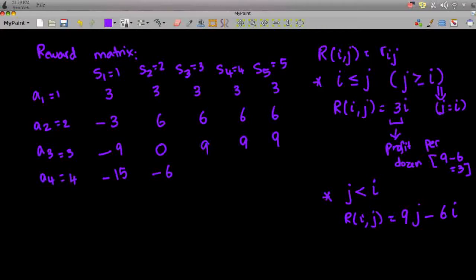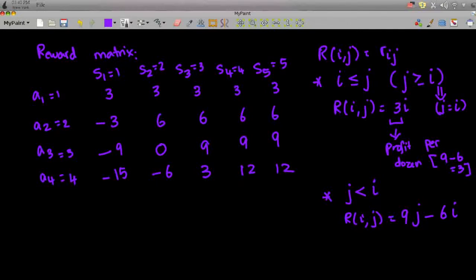And as I proceed further, i would be 4 and j would be 3, so 27 minus 24, you would actually get 3. In the next cell, i and j are one and the same, so we make use of the top equation and we fill it in as 12 and 12 from then on.